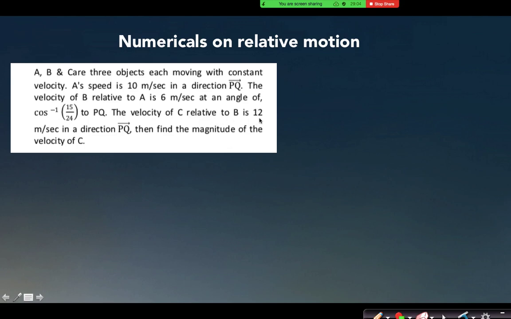Velocity of C relative to B is 12 meter per second in a direction of PQ. Okay, here you just write it is minus PQ, in the direction of minus PQ. There is a printing mistake here, it should be minus PQ. Then find the magnitude of the velocity of C. Just try once.